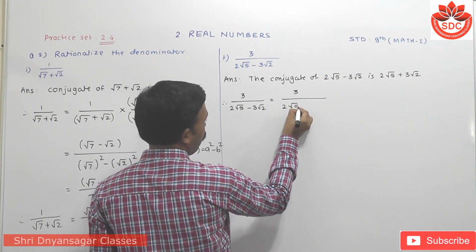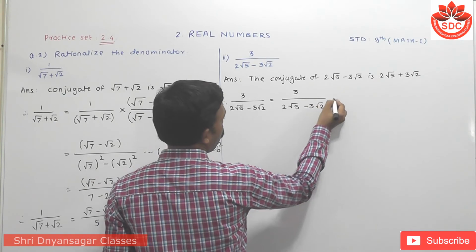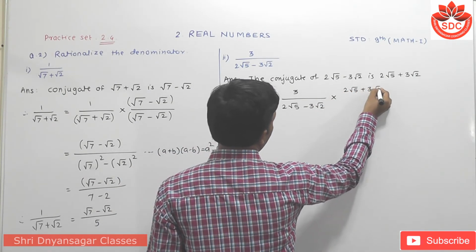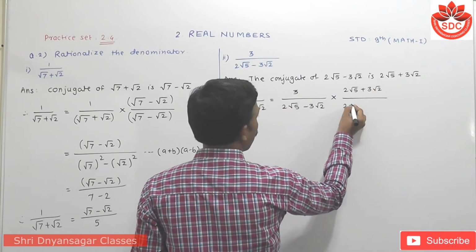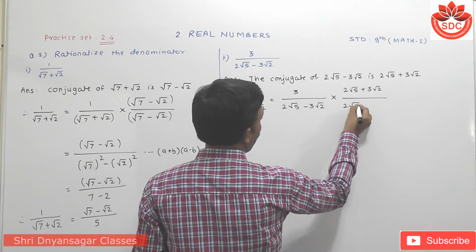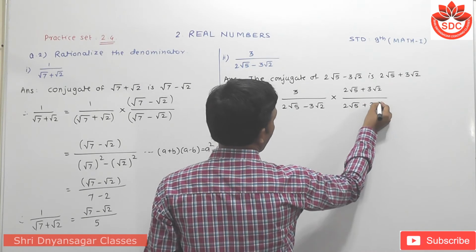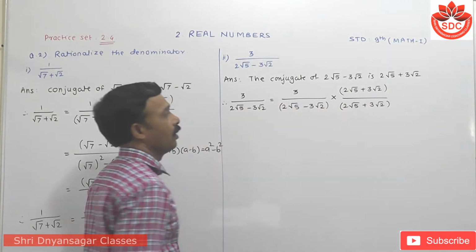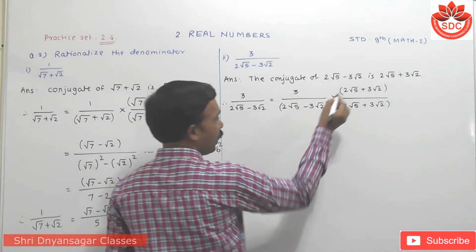In that, 2 root of 5 minus 3 root of 2 into 2 root of 5 plus 3 root of 2 upon 2 root of 5 plus 3 root of 2. I have taken brackets for each value. Now student, then multiply numerator by numerator.